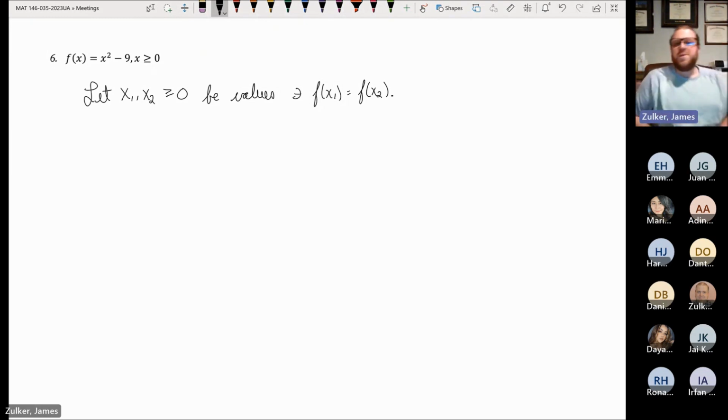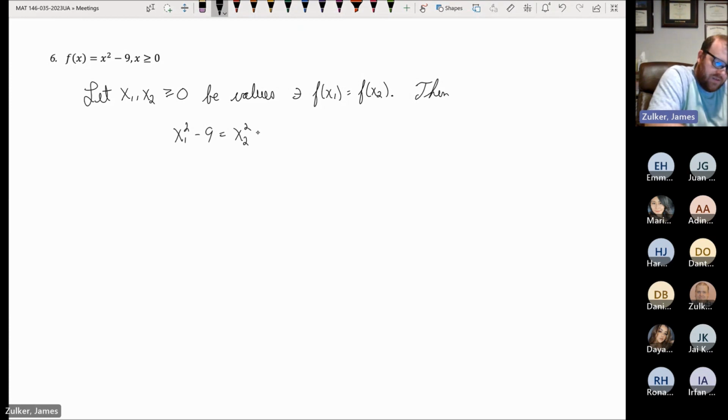So we need x1 and x2 to be in the domain of f, so that means that x1 and x2 are both going to be greater than or equal to 0. Right, so this means that x1 squared minus 9 has to equal x2 squared minus 9.